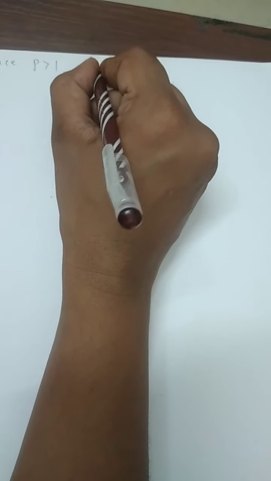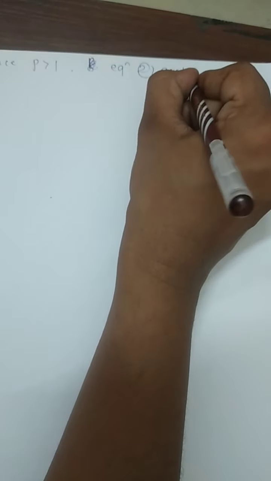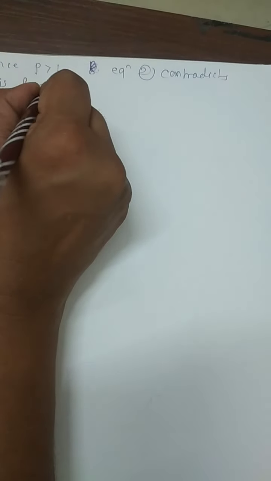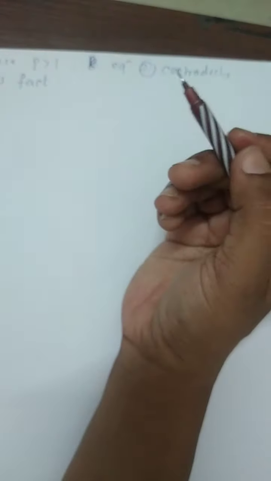So equation 2 contradicts this fact. We have taken P greater than 1, but here we are showing that P divides 1. So this contradicts our fact.